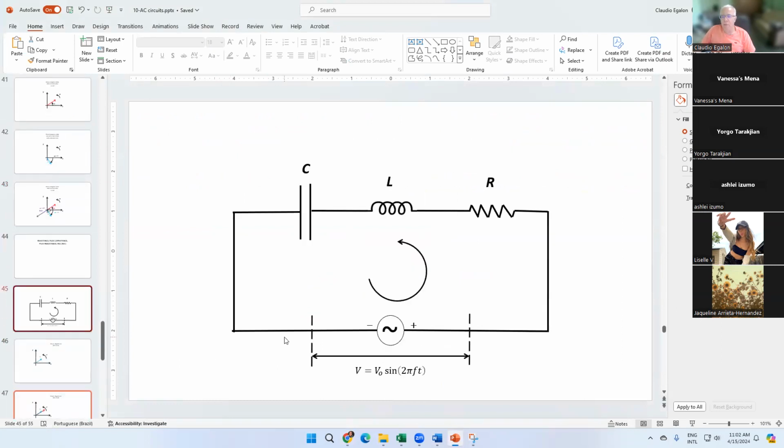Here you go. Here's my circuit, an RLC circuit. Consider now an RLC circuit.